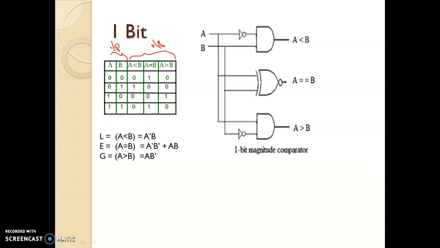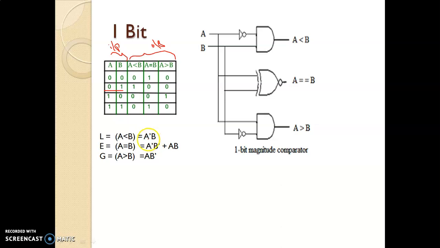How will you represent the equation for these three outputs? A less than B is 1 only when A is 0 and B is 1. So you can write L, A less than B, is A bar B. When A and B consist of only single bits, you can say A is less than B when A is complement, that is 0, A bar, and B is 1.